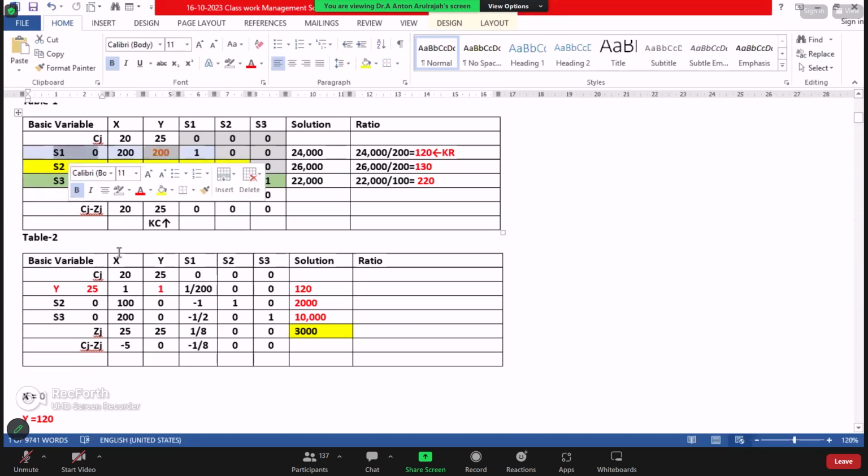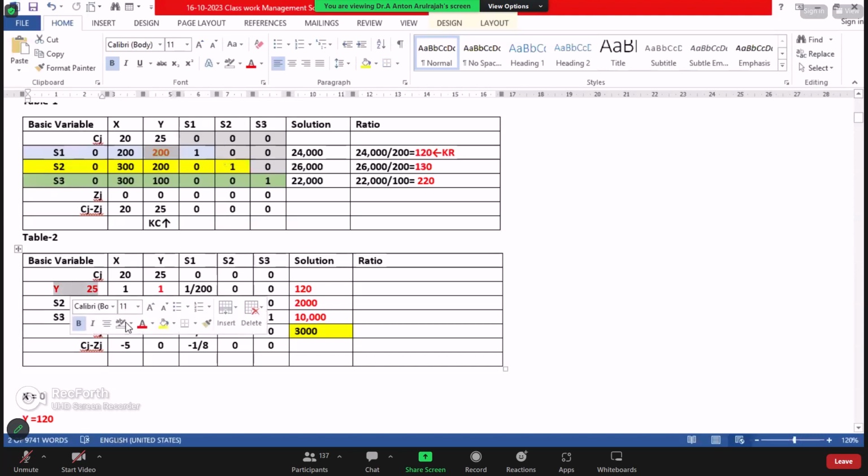Right? So in that place, x2 is coming in. Actually, what is leaving?